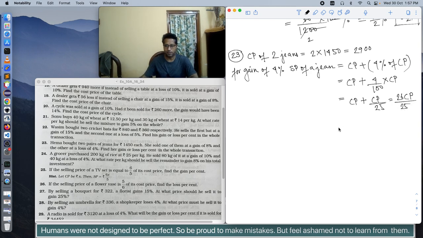And we know that the CP is 1450, but we will not yet put the value of CP and compute the selling price. Let the selling price be in terms of CP, where we know that the value of CP is 1450. So this was the selling price of a jean when it was sold at a gain of 4%.